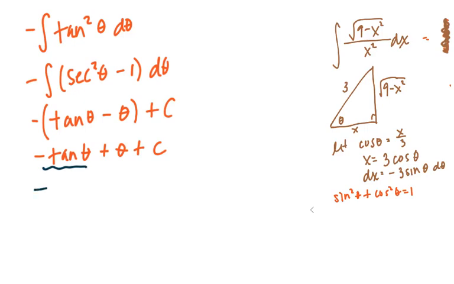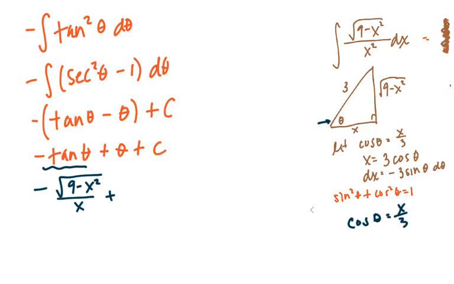What we're going to do is read the triangle. We're going to come over here to theta. And tangent is opposite over adjacent, so that's the square root of 9 minus x squared over x, plus theta. Now if we come back to the start of the problem, we know that cosine of theta equals x over 3.